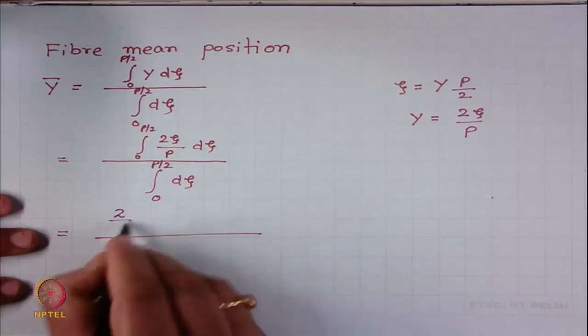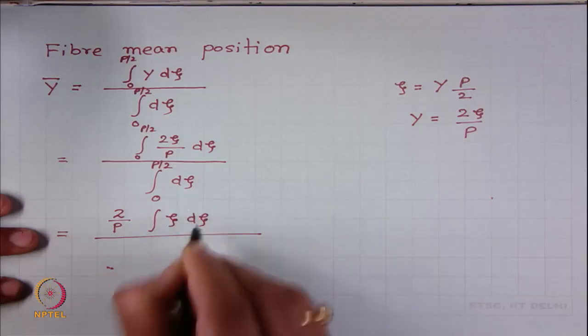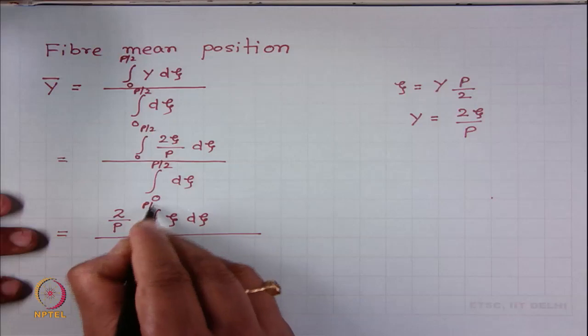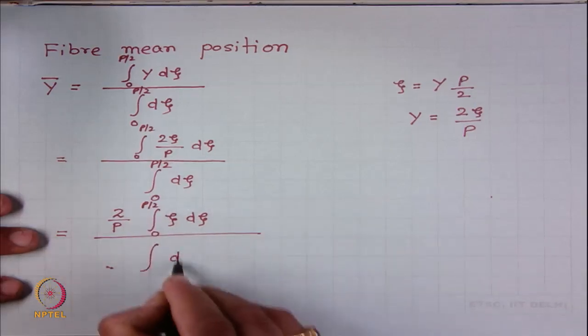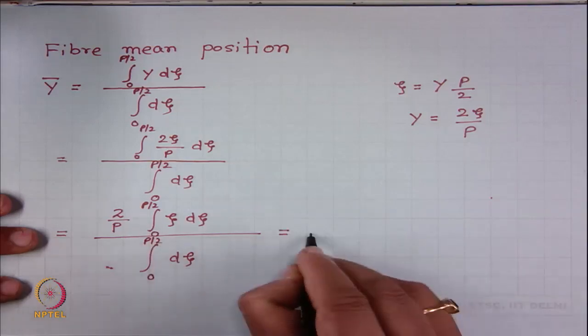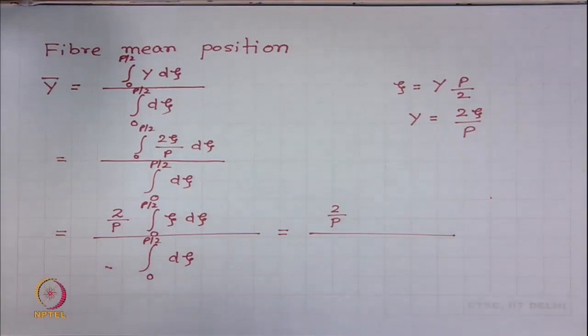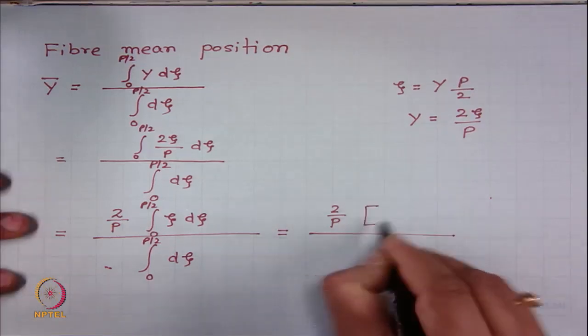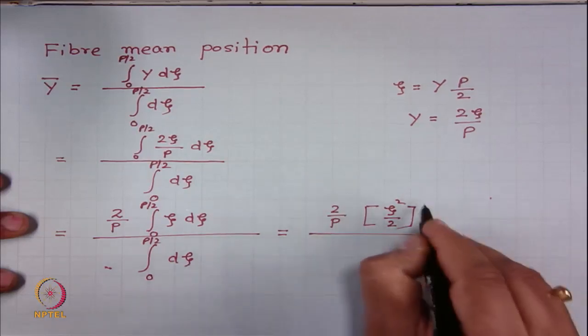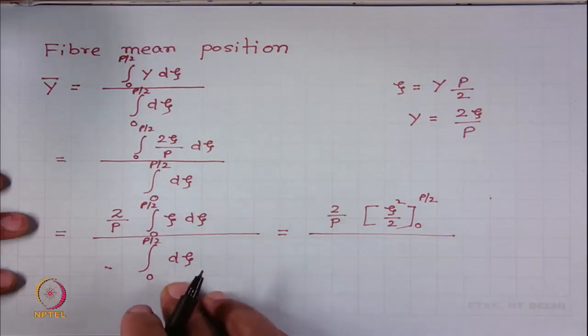So, 2 by p, integral of zeta times d zeta from 0 to p by 2, over integral d zeta from 0 to p by 2. Integration zeta d zeta, zeta square by 2. Integration d zeta, zeta.